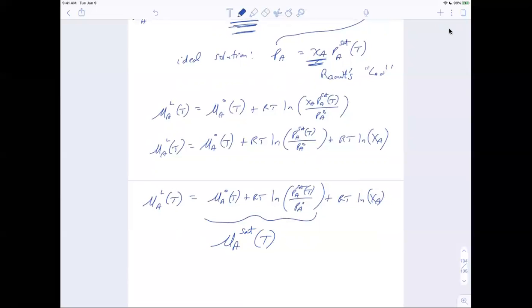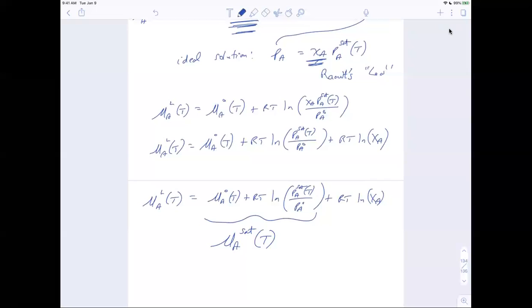And so these first two terms on this last equation that I wrote represent starting at a reference state. So we have this superscript 0 defining some reference state. And then we're going to add the change to go from the reference state to another state. And in this case, that state is pure A at its liquid vapor equilibrium point. It's just pure A, right?